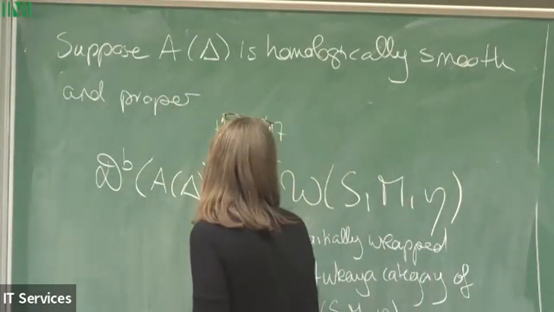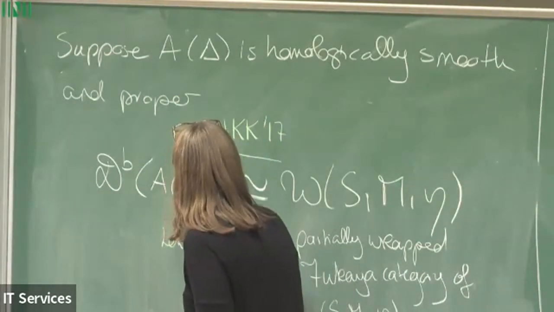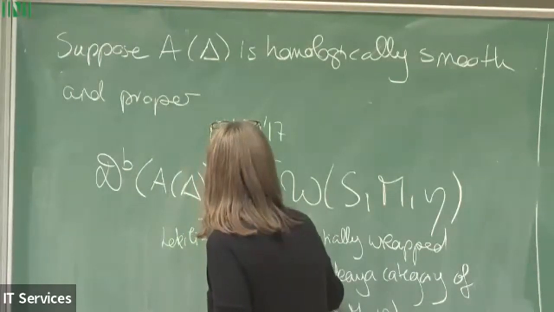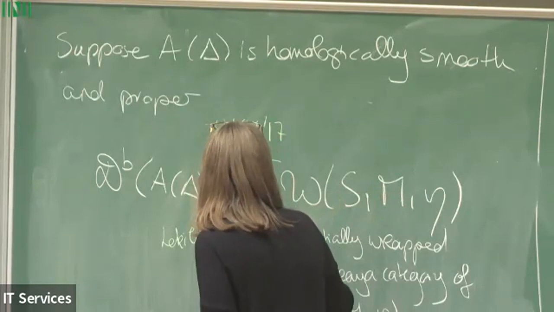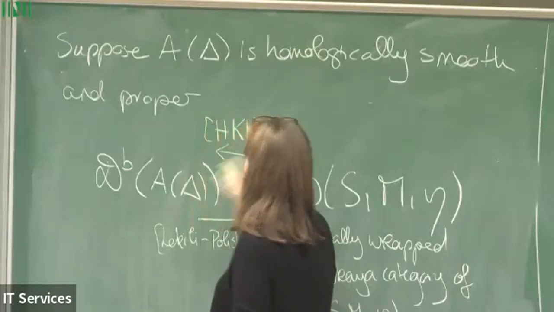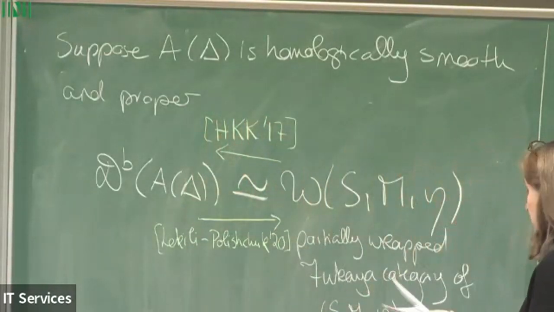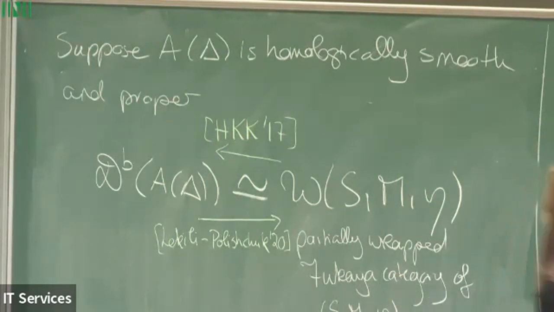And then Lekili and Polishchuk start with a graded Gentle algebra, and then they construct the surface and the line field, and they show that the derived category is then equivalent to that Fukaya category. Okay, so this is about the surfaces and the link to Gentle algebras.